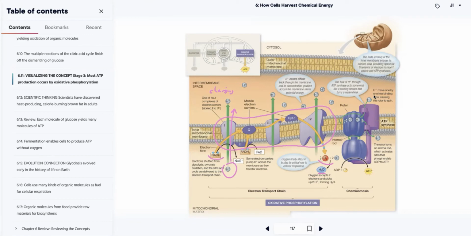And as protons are allowed to move through into the inner matrix, that's basically turning a little turnstile, which is driving ATP synthesis. ADP and phosphate is using the energy of that movement of hydrogen ions back into the inner matrix to generate ATP. And this is where the ATP is produced in oxphos.